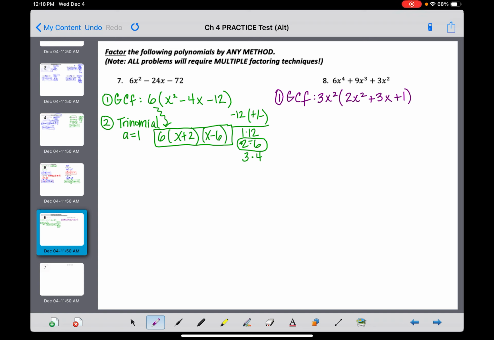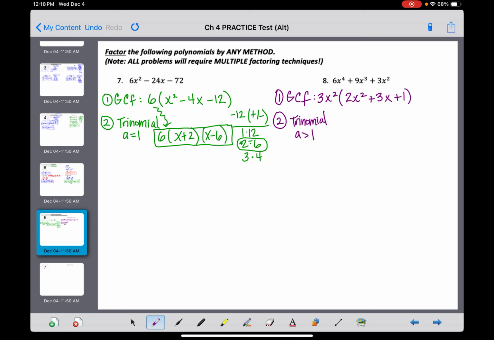All right, so now my step 2 is to factor what's inside the parentheses. And what I have inside of my parentheses is a trinomial. And this time, a is greater than 1, right? A is 2. So this is where I need to split the middle or slide and divide or guess and check.